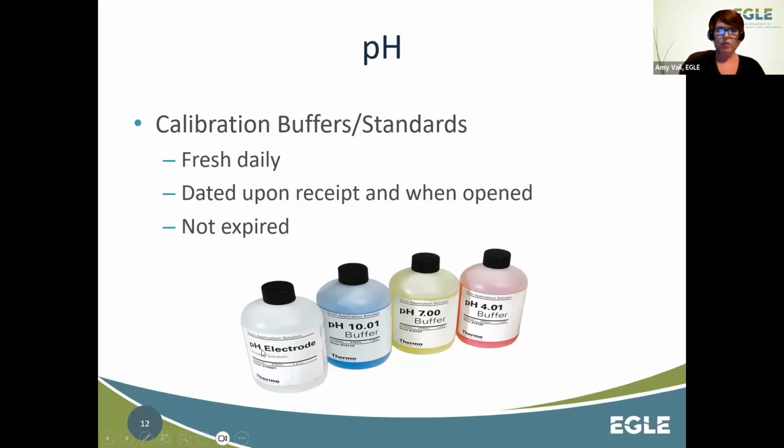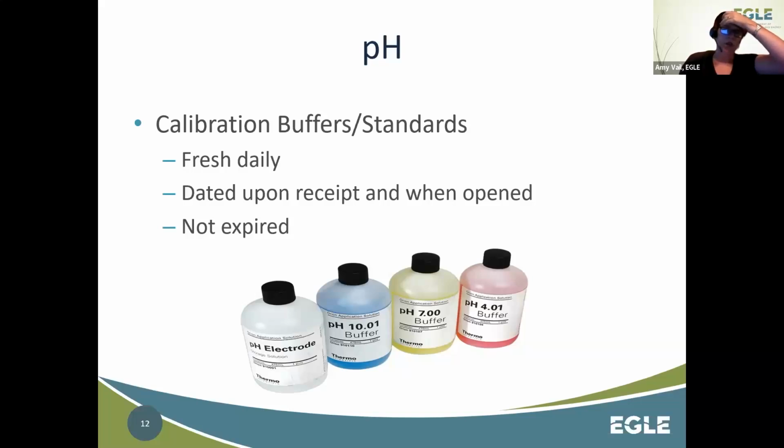Like I said, you can buy specific pH electrode solutions, which is that potassium chloride that you're supposed to store your pH probe in. It's good practice just when you get these buffers to date when you got them, date when you opened them, because I have seen, even though they all come with a certificate that says quality control, quality assurance, checked, we have gotten buffers in the past where all of a sudden nothing was calibrating correctly and I couldn't get anything to read, and I called the company and sure enough, that was a bad batch of buffer.